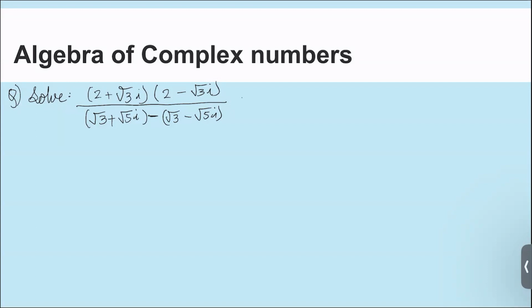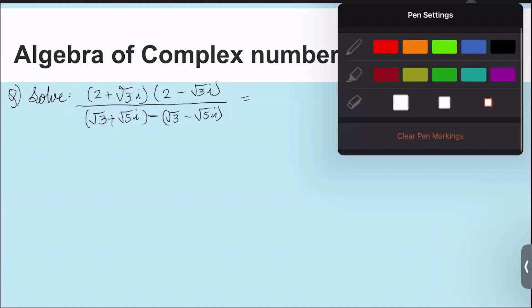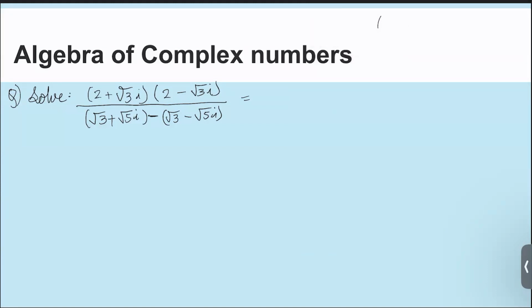So to solve this, since you can see in the numerator, it is of the form a plus b, or maybe it's better if I write it in z, since we are dealing with complex numbers. So you have a plus bi, and a minus bi.